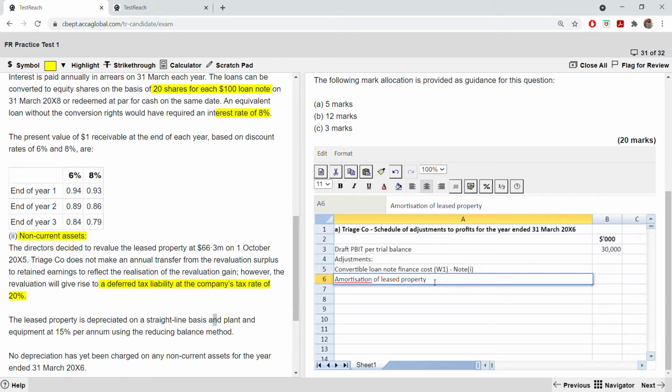The main thing you should learn is how to present your answer in an ordered, structured way. Amortization of leased property, for this also there's a working, so we'll write working 2. This is the second note.